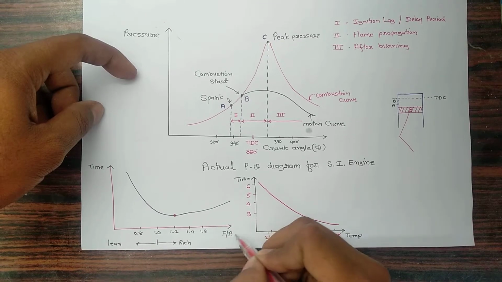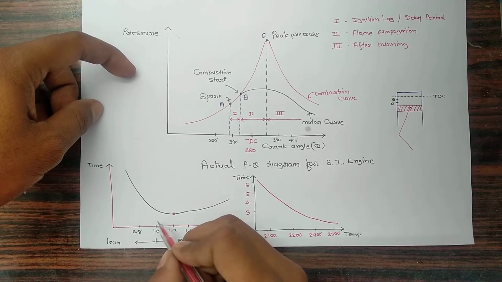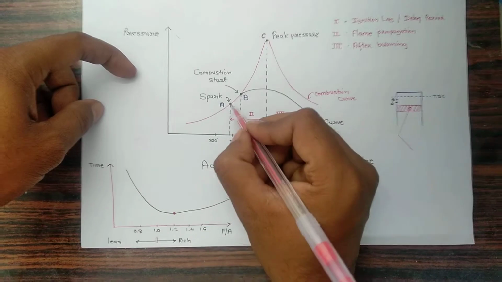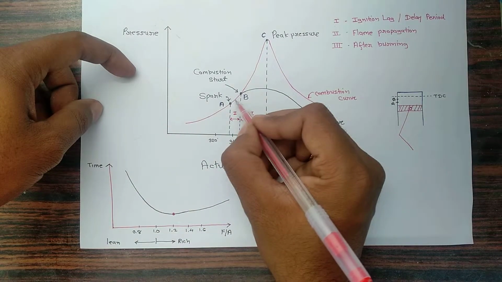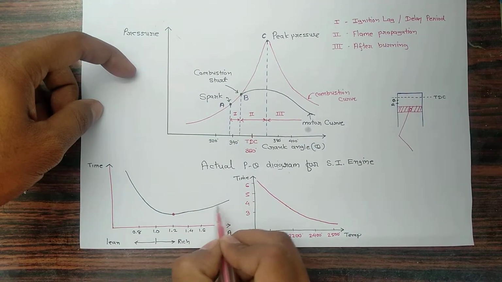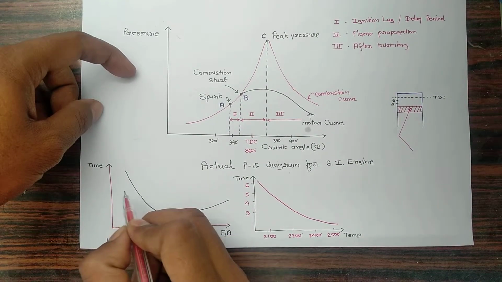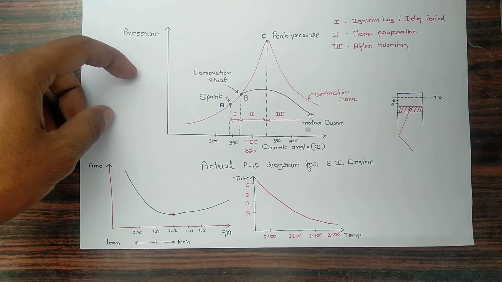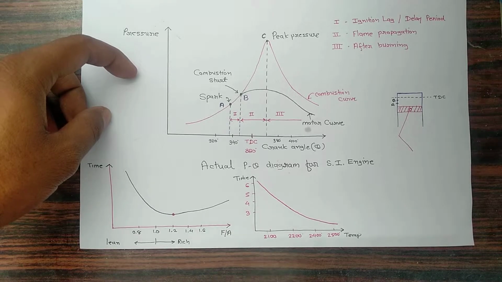When the fuel air ratio is 1.2, that means the mixture is slightly richer, and at that time this phase will be shorter. After that, whether rich or lean, the ignition lag period will increase. So the second factor is fuel air ratio.